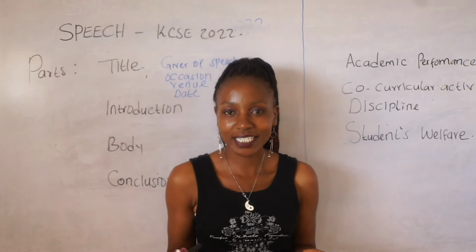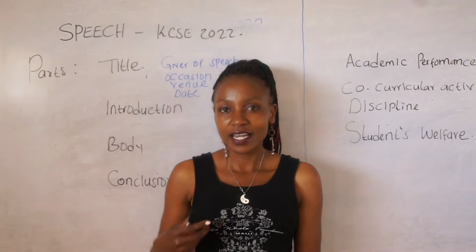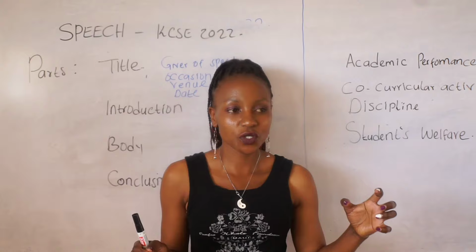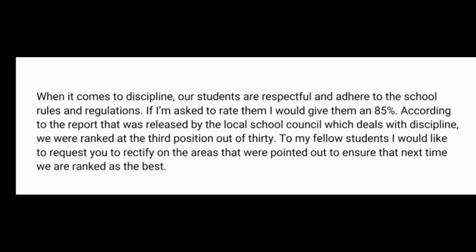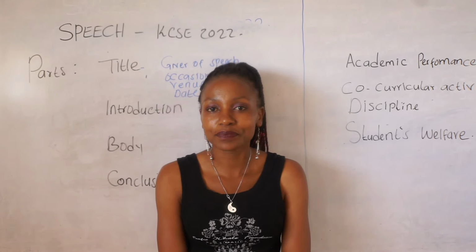Discipline. What can you say about discipline? Are the students disciplined? If you are to rate them, how can you rate them? And maybe you can mention some of the areas that they are supposed to rectify. We have the students' welfare.